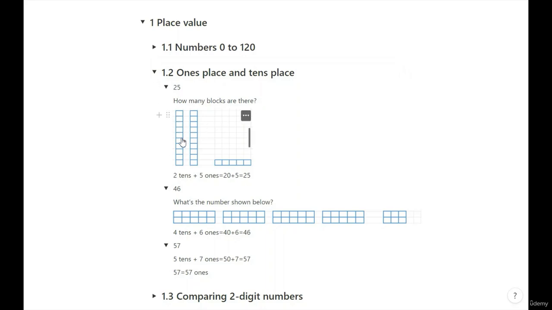So there are 2 tens blocks and 5 ones. So in total, how many blocks are there? We can see it is 2 tens blocks plus 5 ones blocks, because 20 plus 5, so it is 25.